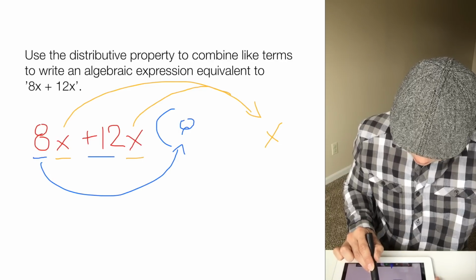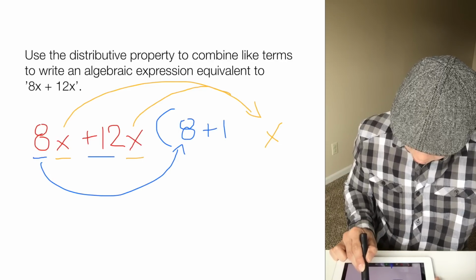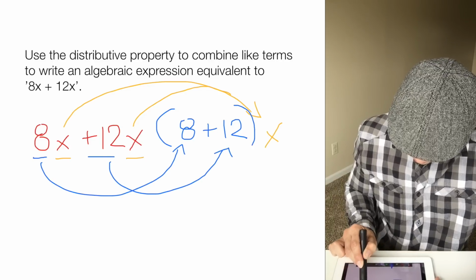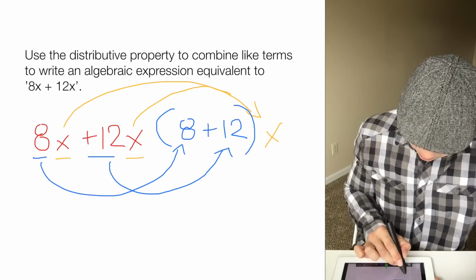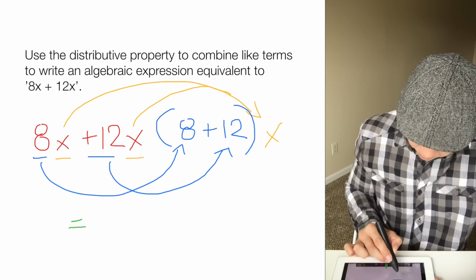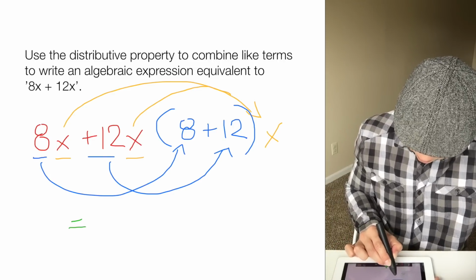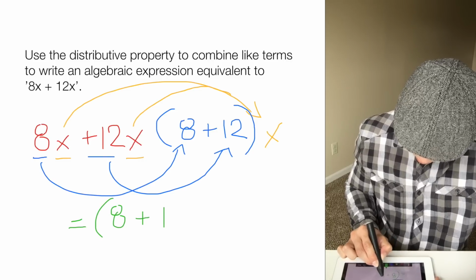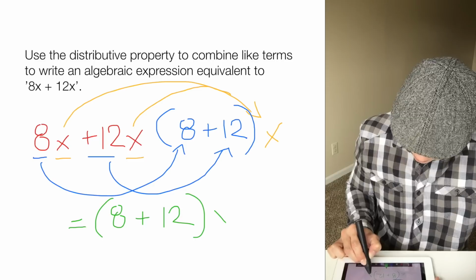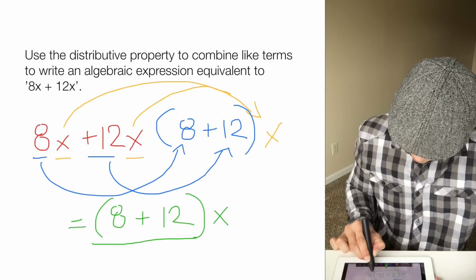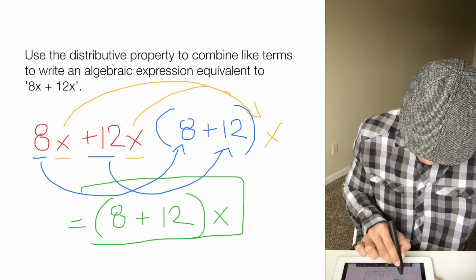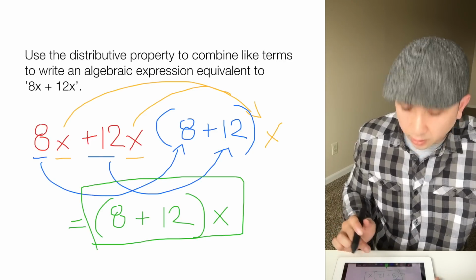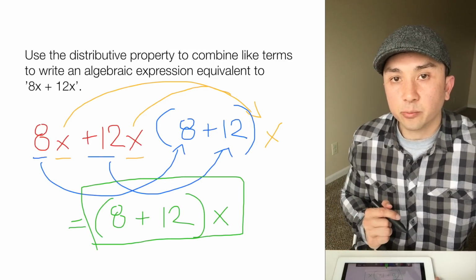So we can write that down for simplicity: 8 plus 12 times x. So that's how we combine like terms using the distributive property.